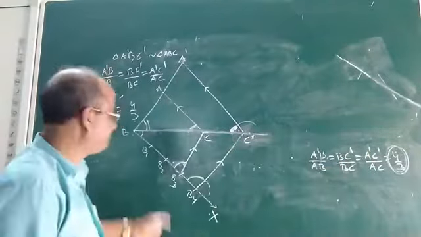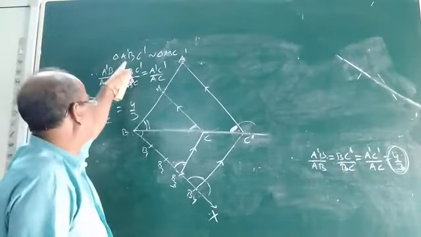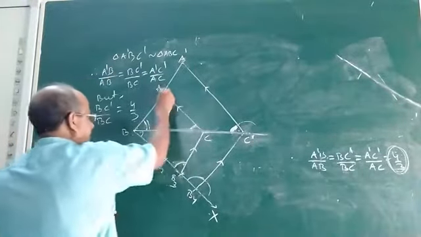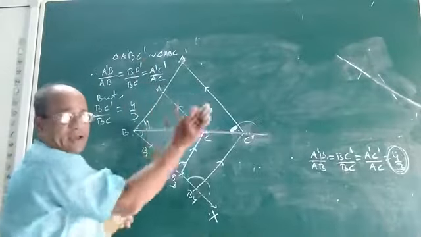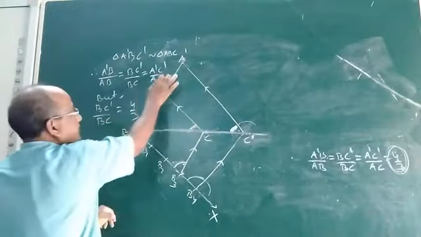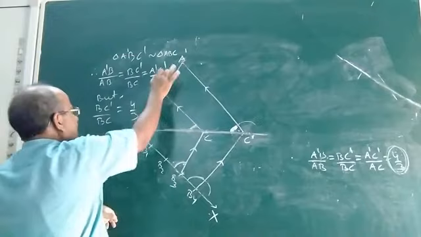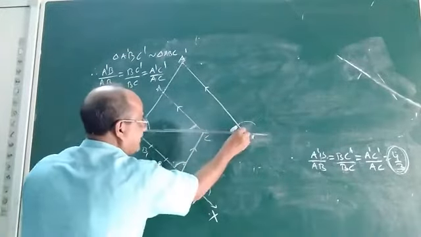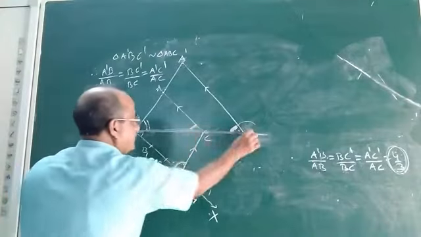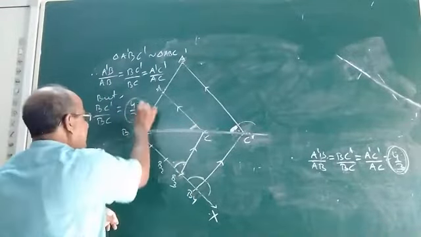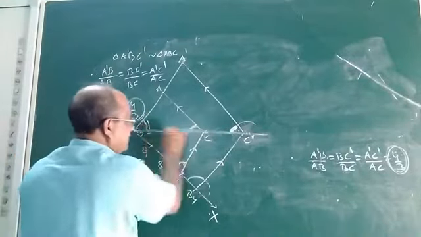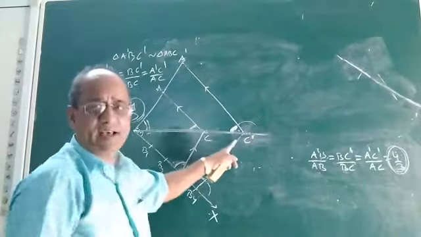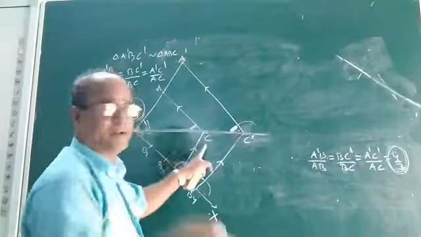You see, as triangle A dash B C dash and triangle ABC are similar by angle similarity, their corresponding sides will be proportional. But the ratio of BC dash and BC is 4 by 3, because this line segment represents 4 parts, BC dash represents 4 parts and BC represents 3 parts.